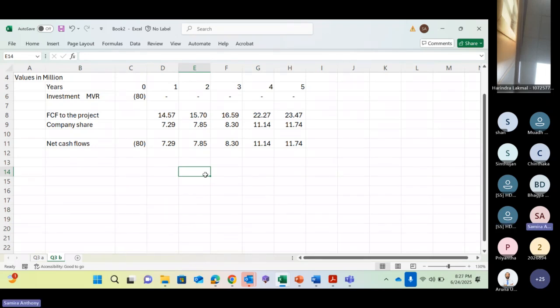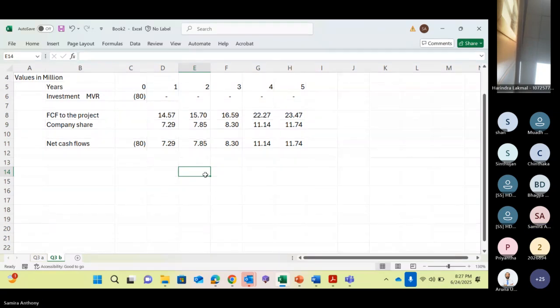You have taken 80 million from the share capital and the debts from your balance sheet. You are liable to repay interest and dividend to your shareholders and lenders. Out of that money, you send to Maldives and you get this money every year. Now you want to see whether you have any remaining amount once you pay dividend and interest to your shareholders. That is the purpose of project appraisal.